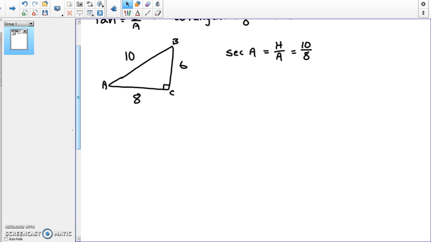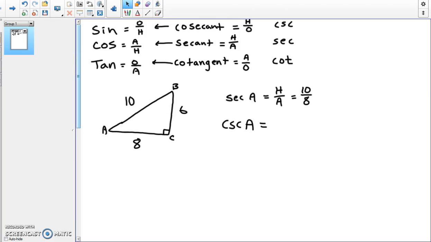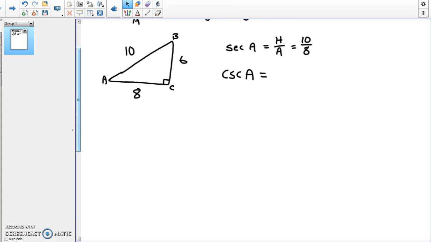Okay. How about cosecant of A. If you forget, remember cosecant matches up with sine, it's hypotenuse over opposite. So the hypotenuse side is still 10. The opposite side from A is 6. So cosecant of A is 10 over 6. Let's do cotangent of A. That one is adjacent over opposite.